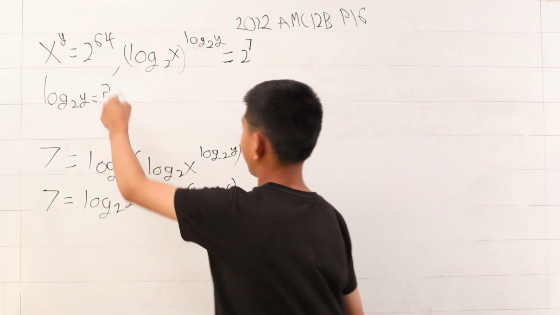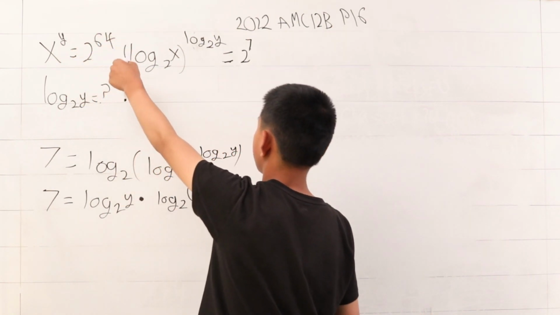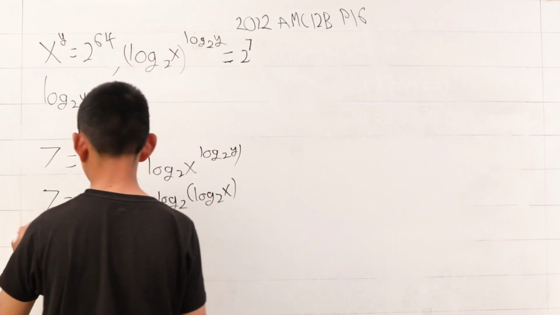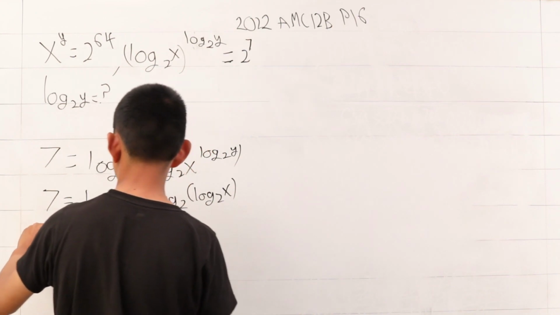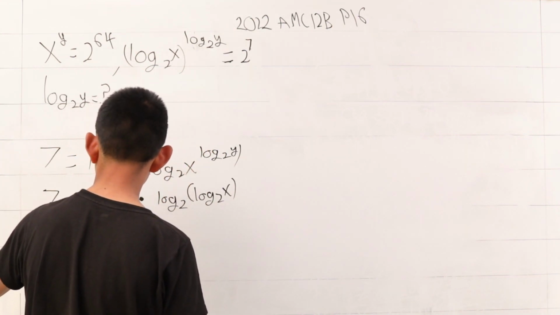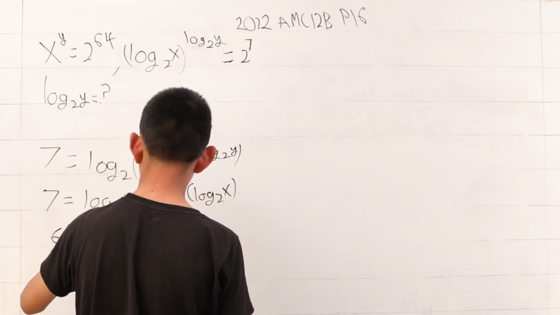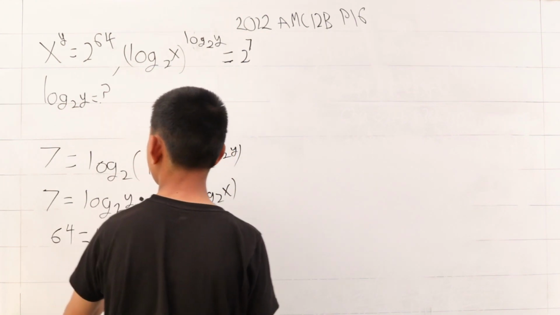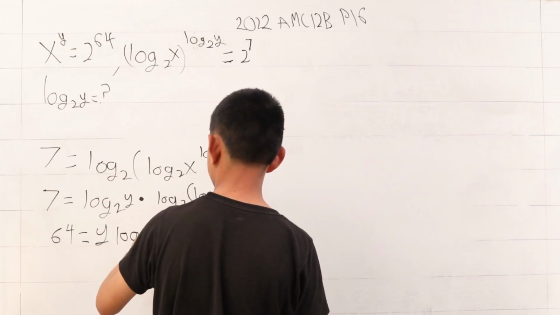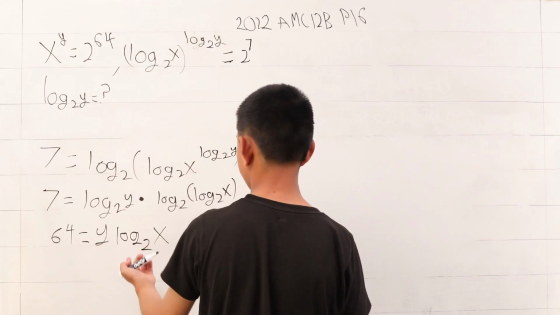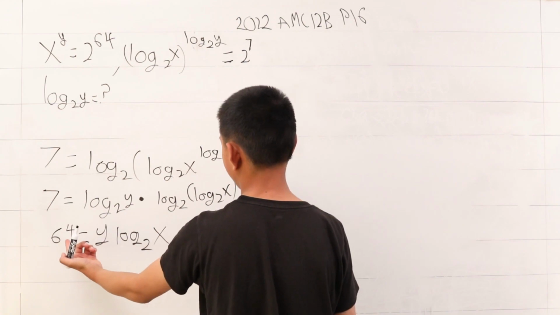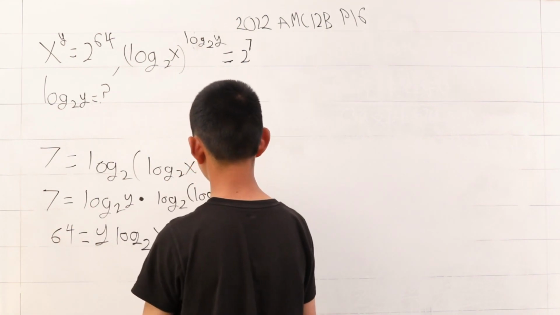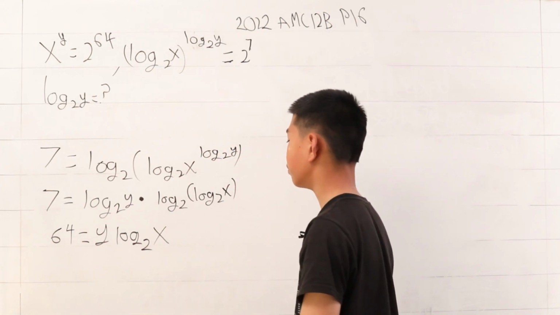Now we can do the same for x to the power of y is 2 to the power of 64. So the first thing we can do is 64 is equal to y times log base 2 of x. Now we realize 64 is a power of 2. 64 is 2 to the power of 6.